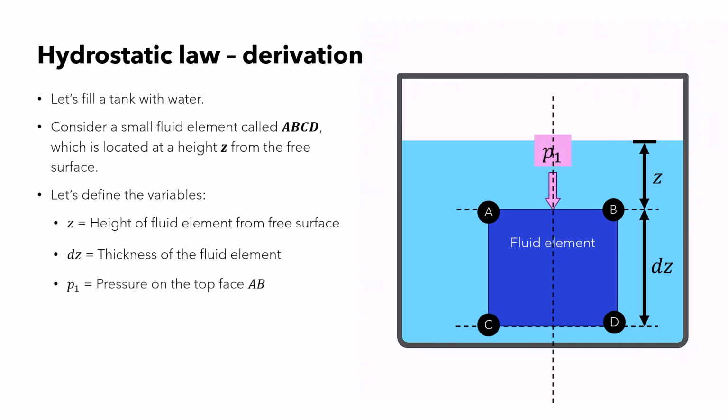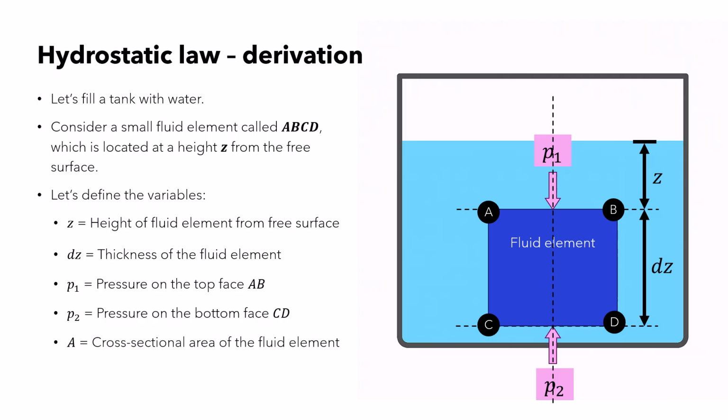P1 is equal to the pressure on the top face AB. P2 is equal to the pressure on the bottom face CD. A is equal to the cross-sectional area of the fluid element.